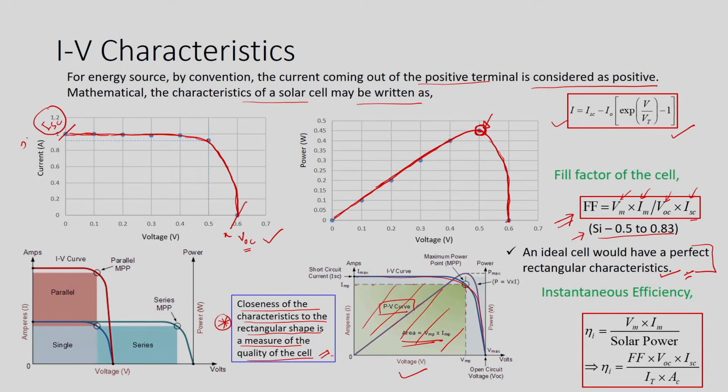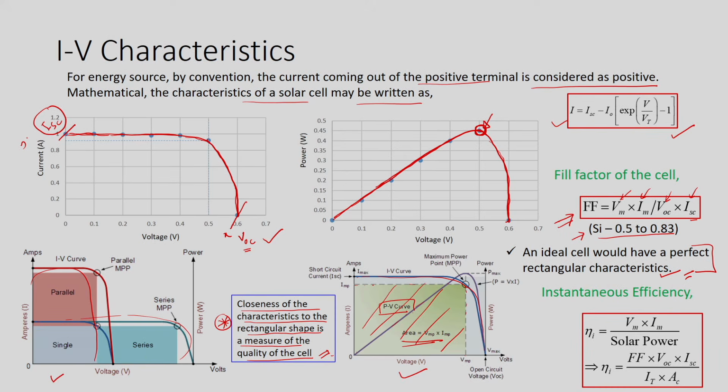Now, come back to this figure. Here two cells are connected in series in this case, and two cells are connected in parallel in the other. If we connect two cells in series, the voltage will rise.